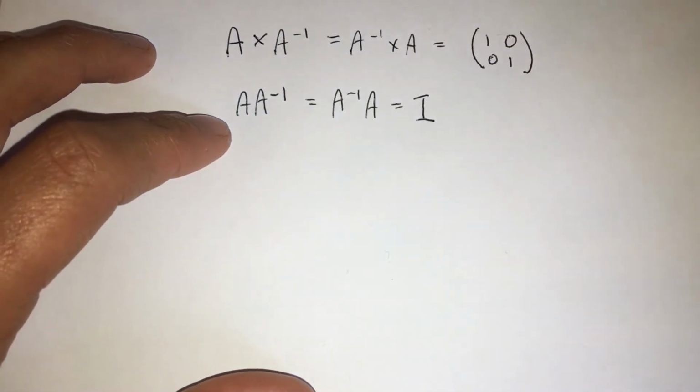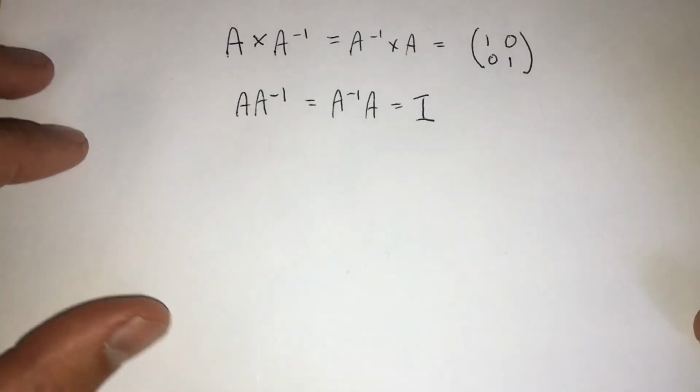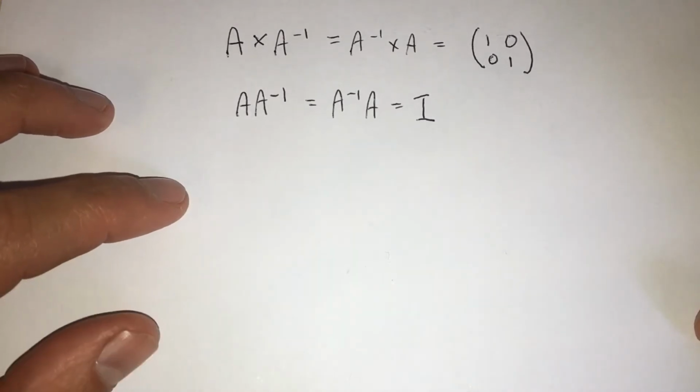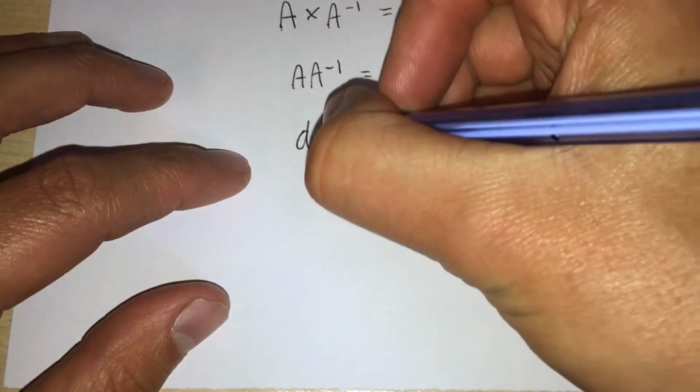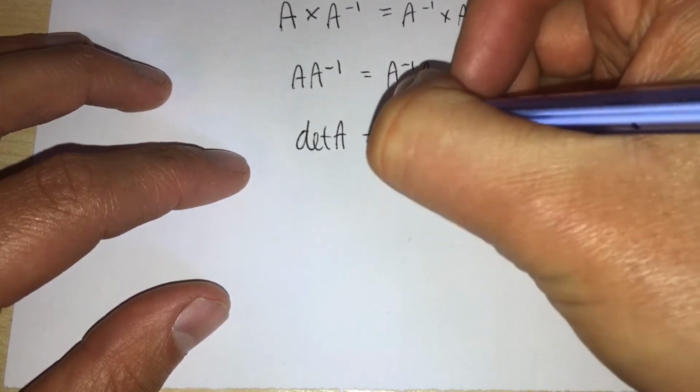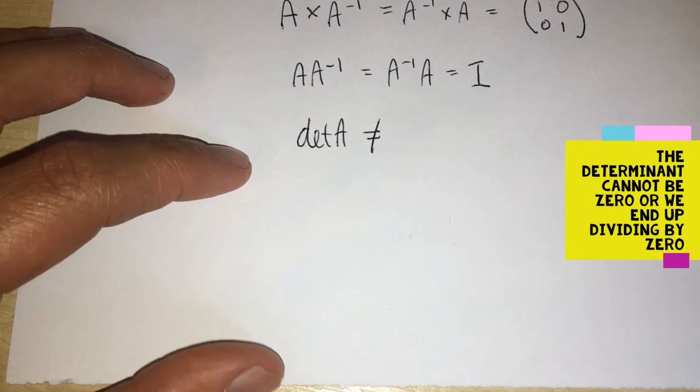for the identity matrix. The inverse of a square matrix exists when the determinant of that matrix does not equal 0.